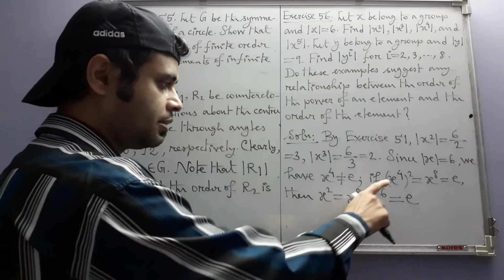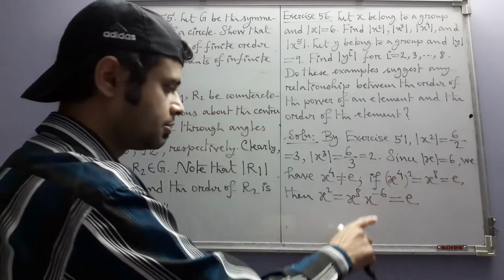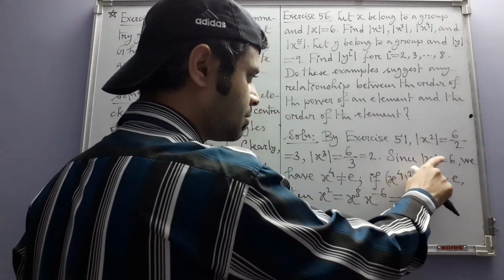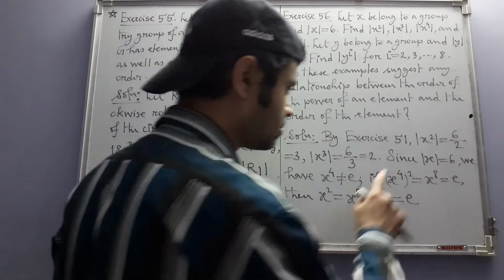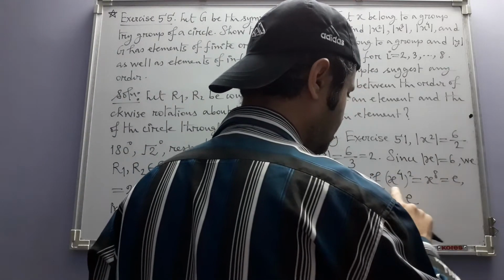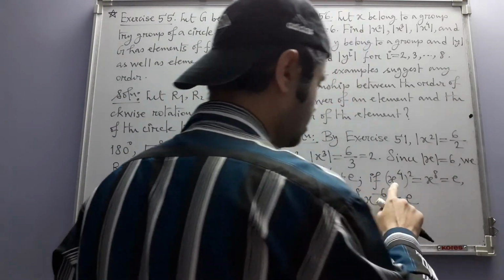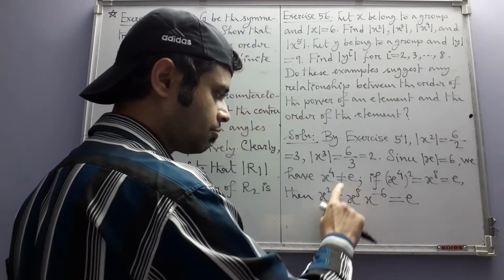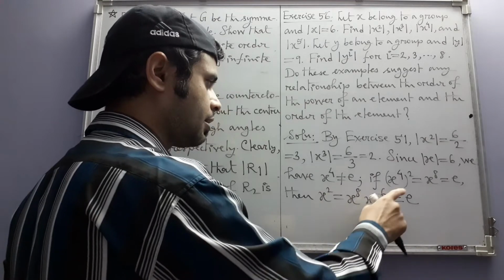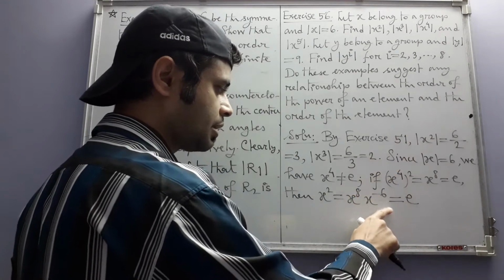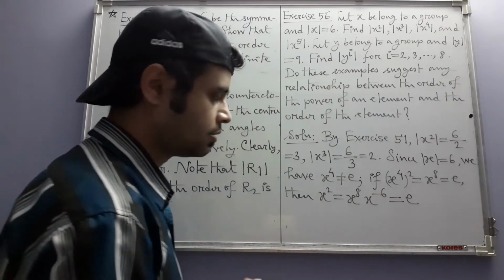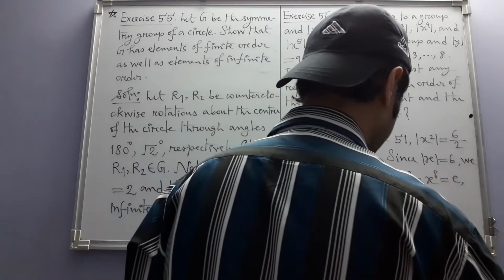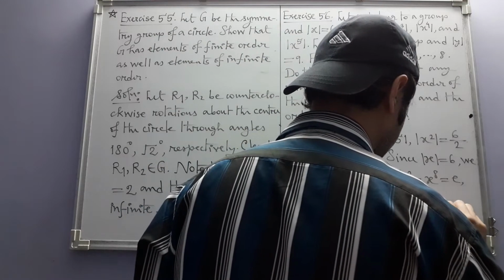X to the power 8 becomes identity from this hypothesis, and our original hypothesis gives us identity for X to the power 6. So this is identity and this is a contradiction.